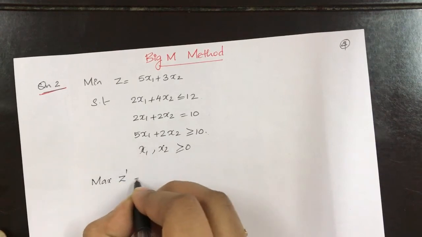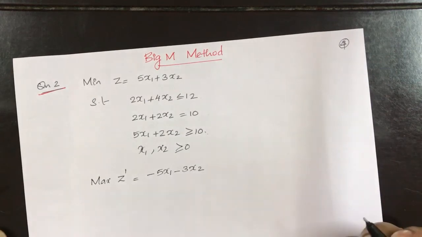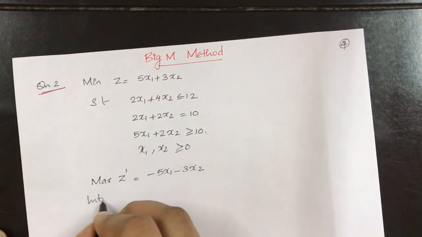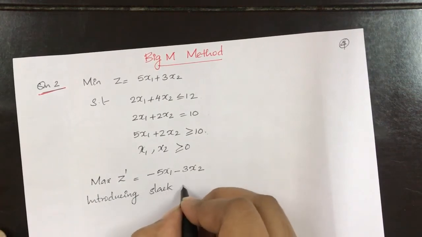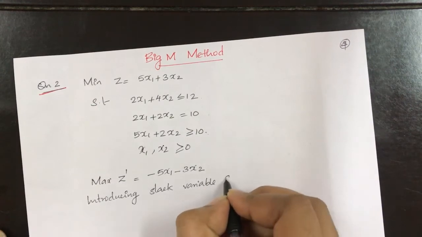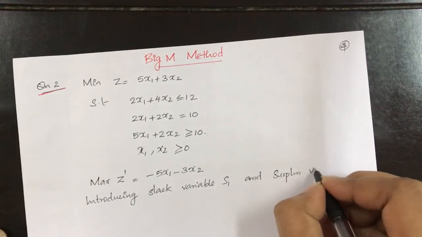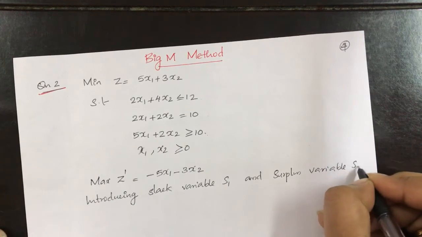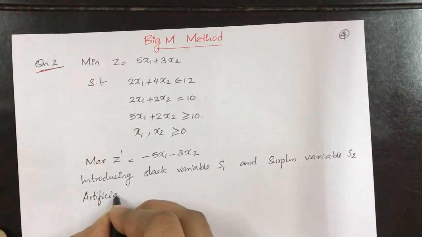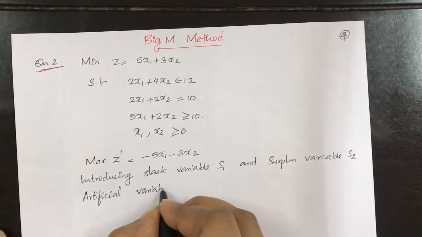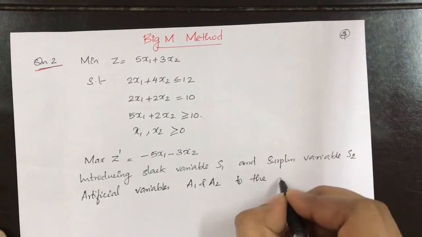Maximize Z dash is equal to minus 5x1 minus 3x2, and I am introducing slack variable s1 and surplus variable s2, artificial variables a1 and a2 to the LPP.